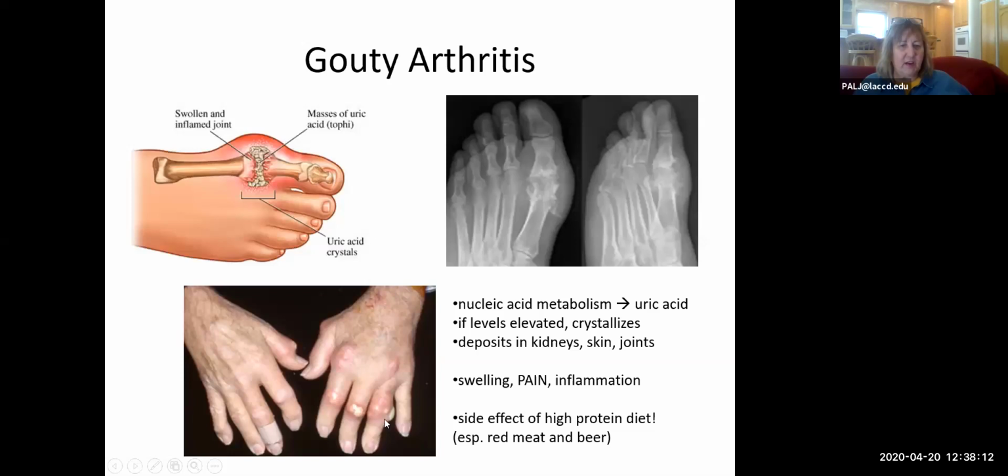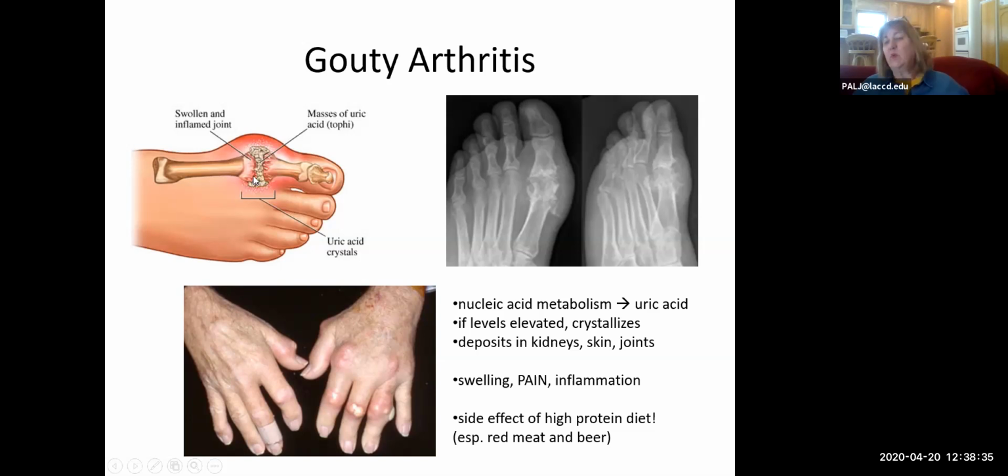And so I put a picture here where you can see these little white depositions of the uric acid crystals. The classic joint that gets affected with gouty arthritis is between the metatarsal and the proximal phalanx of the large toe.